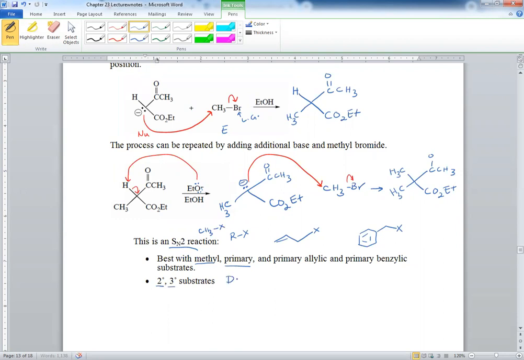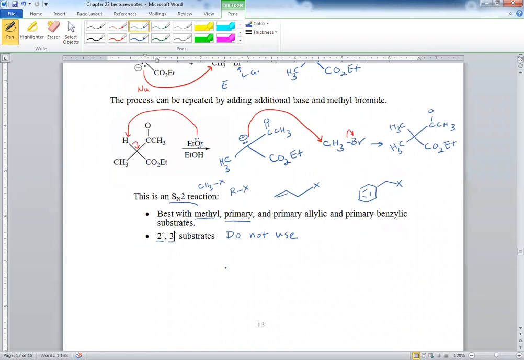So do not use those. Not very helpful. I'm talking about if you had this and then you had something like a Br here, you can see that this is crowded.